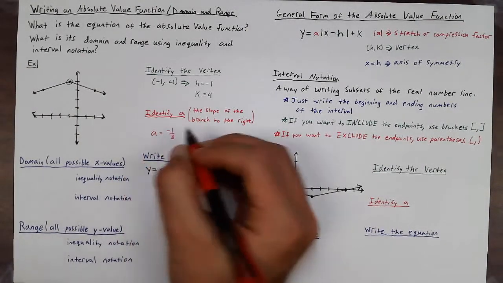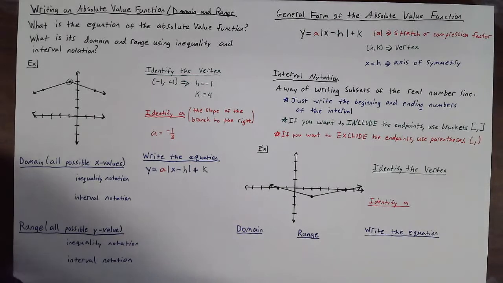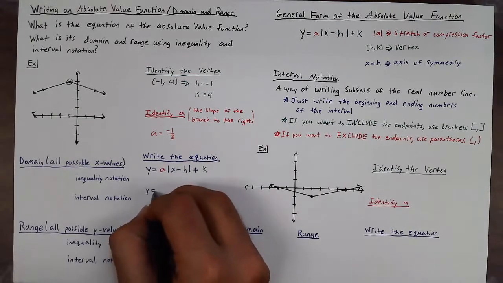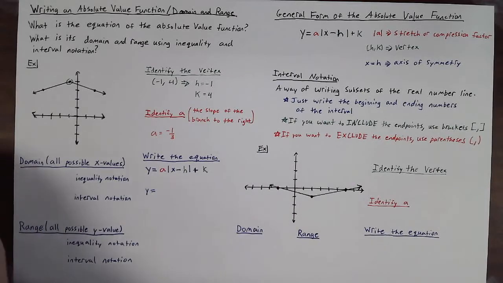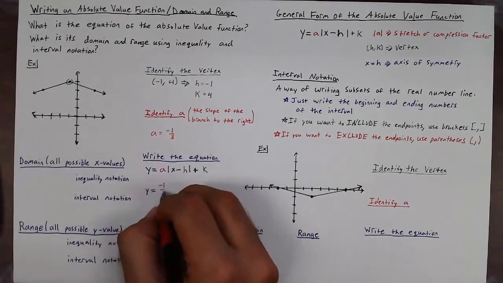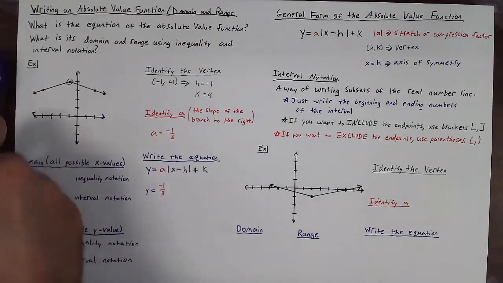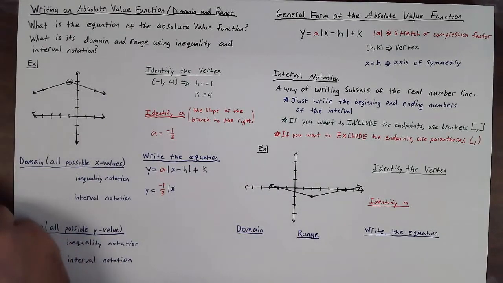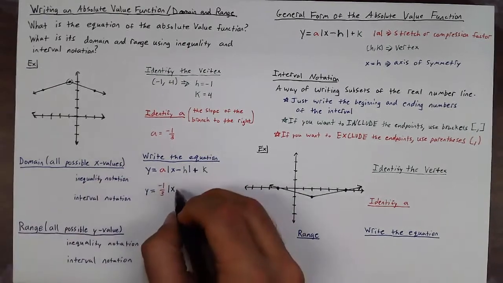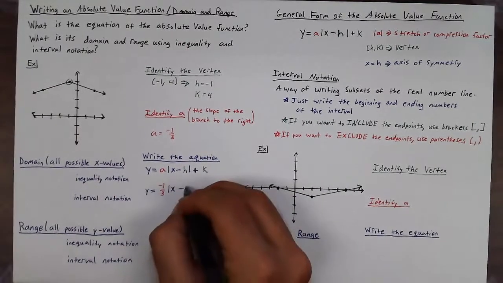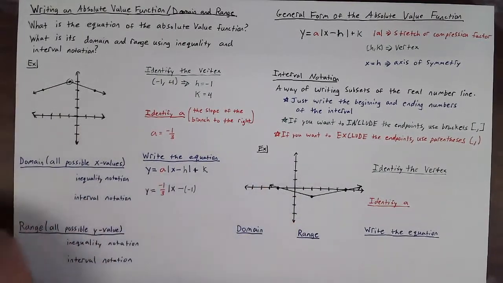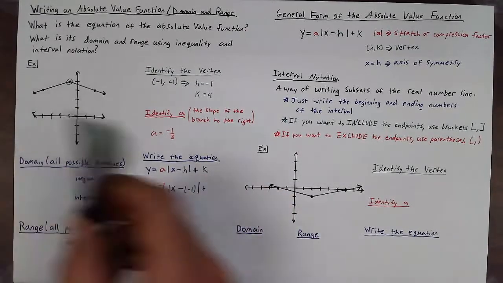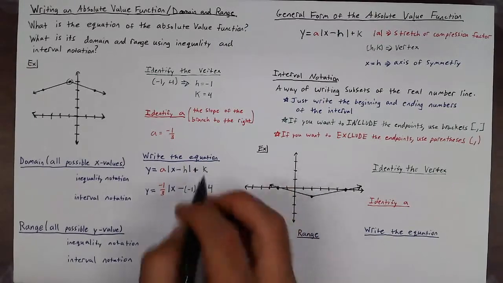And once you identify these parts looking at the graph, it's pretty simple just to plug all that into general form and get your equation, which will be y is equal to -1/3 times the absolute value of x minus -1 and then plus 4 for k. Just plug in h and k.